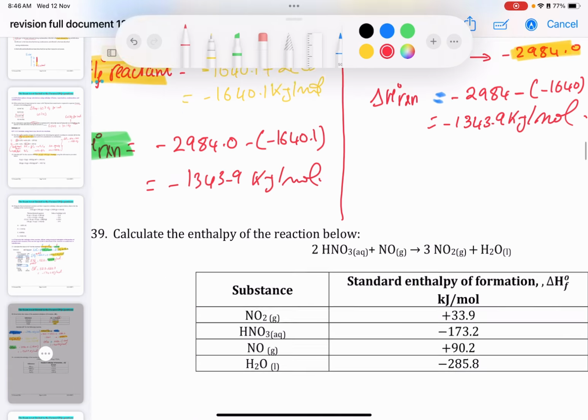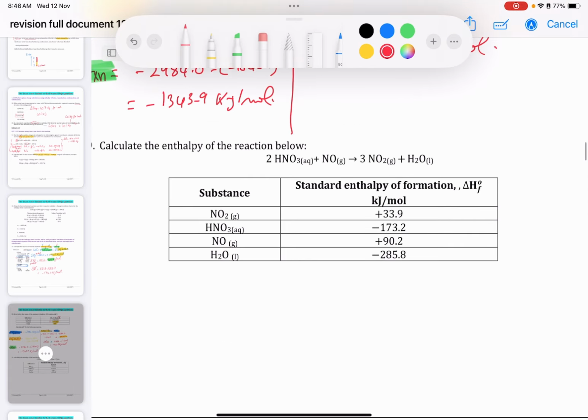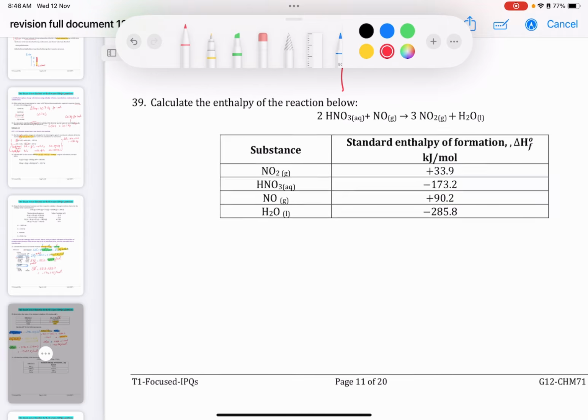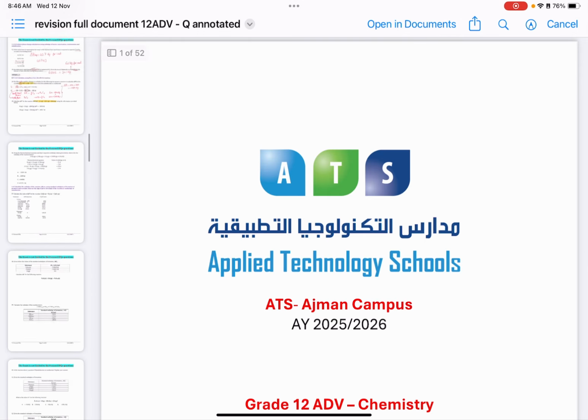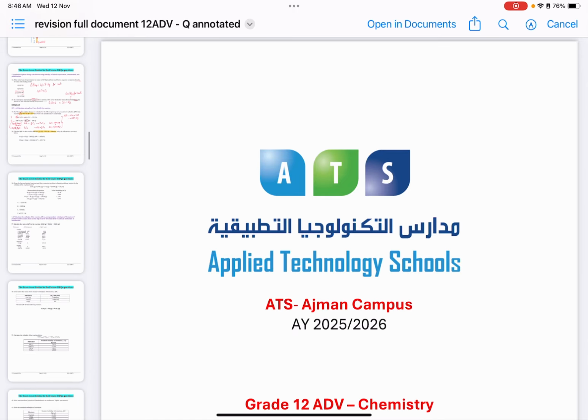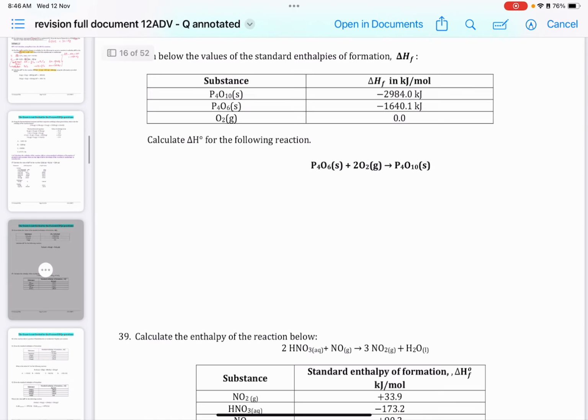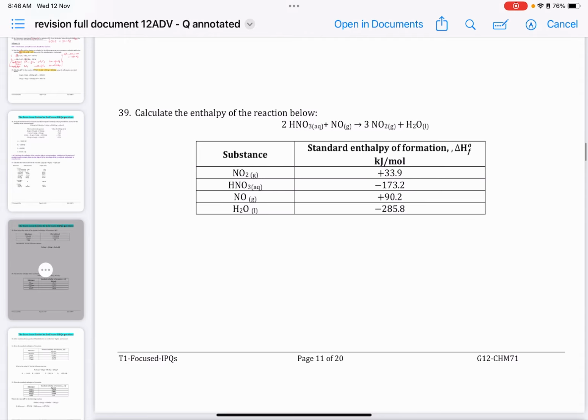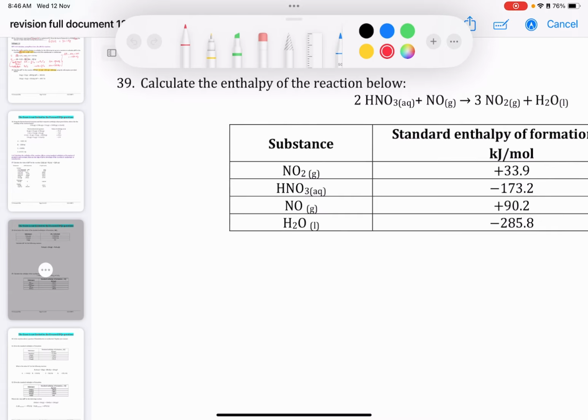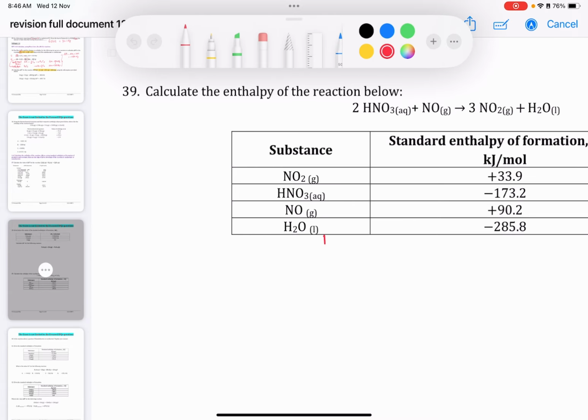Now, let's do one more practice. Again, I'm gonna take the easy way, which is very easy to do. It's this one. I'm gonna write it over here. So here's the equation.